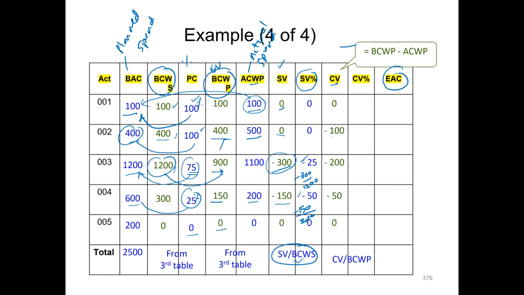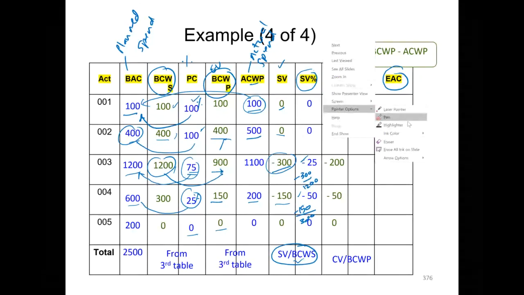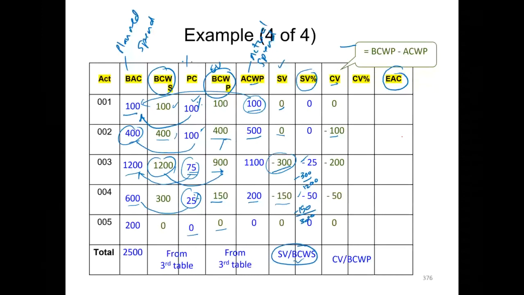So if we look at, for instance, minus 100, we calculate it by looking at 400 minus the actual cost of work performed, which is 500.